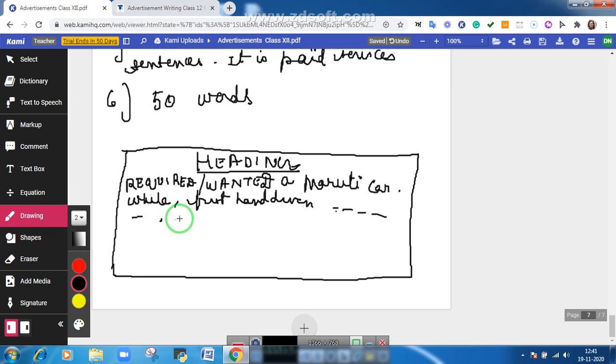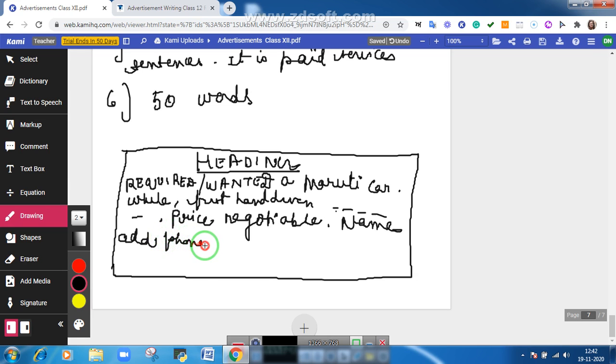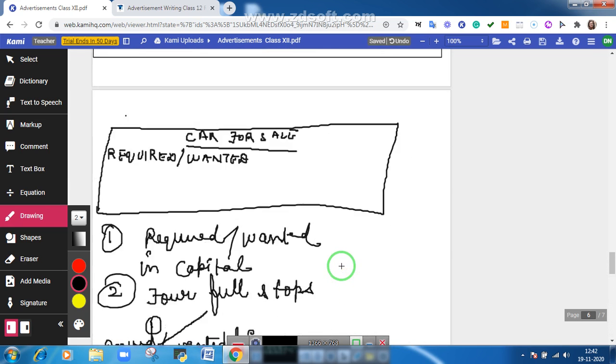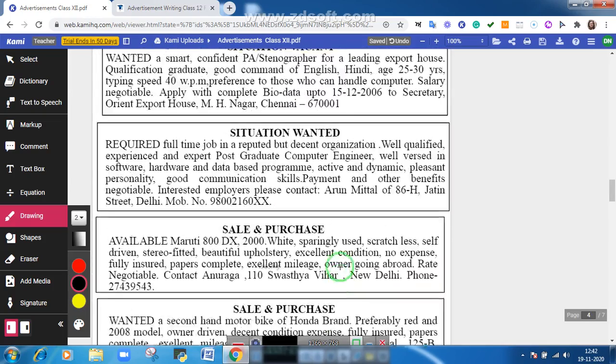Then in the third one, price expected, always write salary negotiable, price negotiable. That way you do not have to remember a lot of things. Full stop, and then name, address, phone number of the person you have to contact, and then a full stop. This is how we write advertisements.